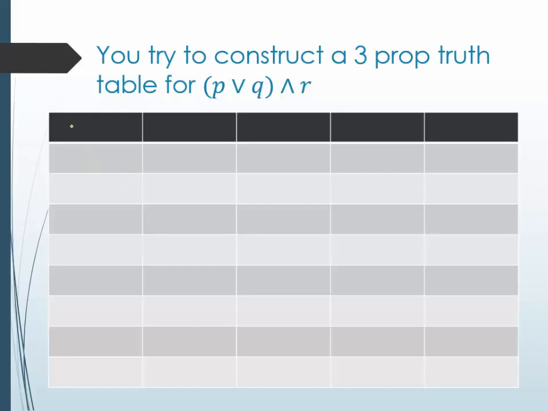Yeah, I know. So, you try to construct this with three propositions. We are going to do P, Q, and R. What else are we going to need here to do this final proposition? P, disjunction Q, and then what are we going to have to do? And then the whole thing: P V Q, conjunction R. All right, go ahead and fill that in.